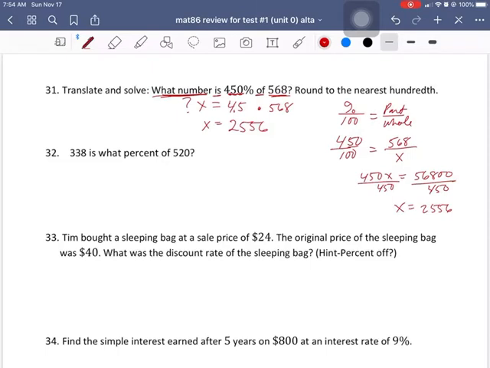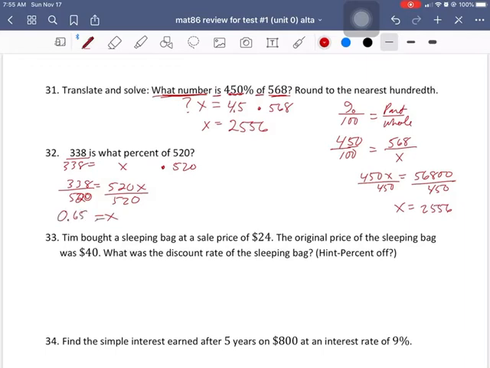Okay, so this number is what percent of 520? 338. So this looks a little funny. I would turn it around to 520x, divide by 520, oops, and you get x equals 0.65.